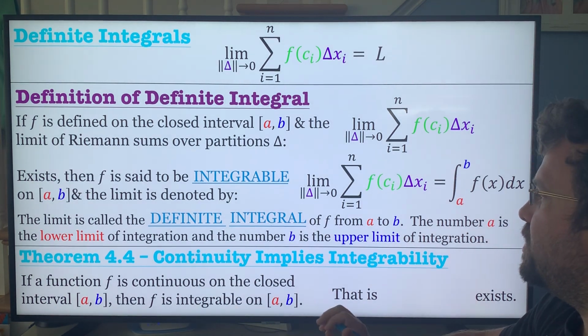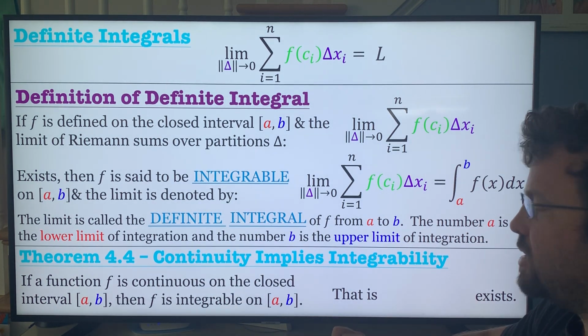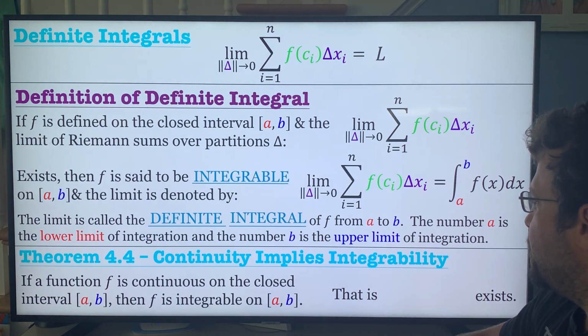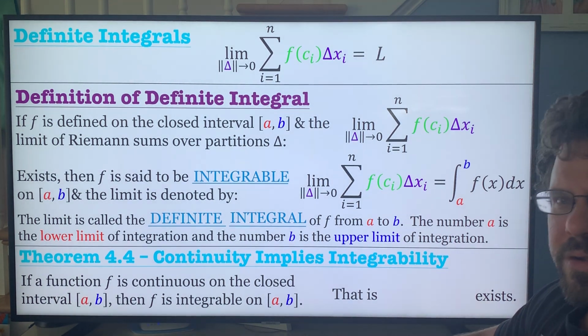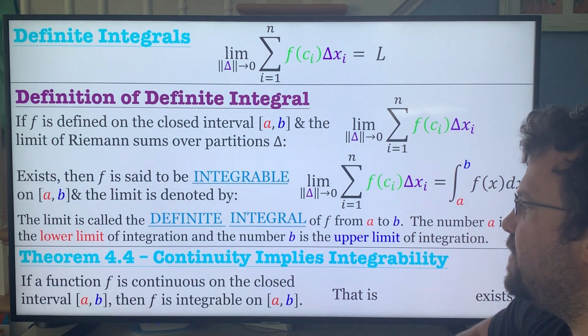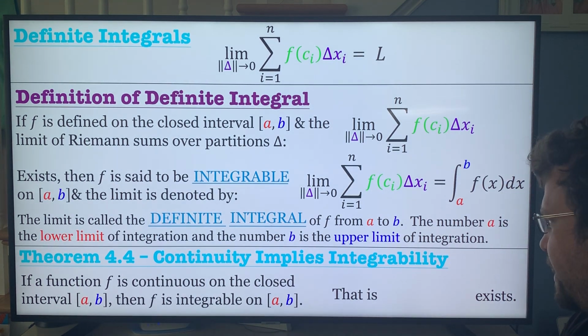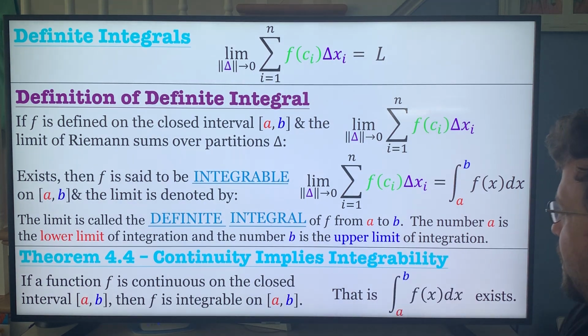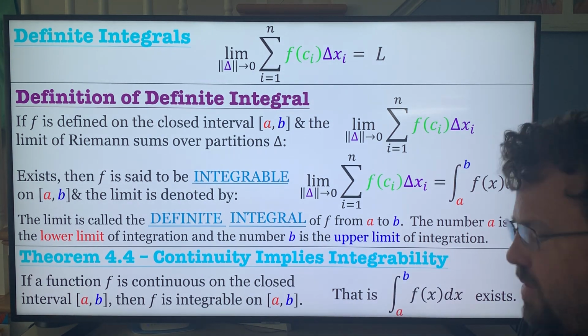All right, so what this means: continuity implies integrability. A lot of weird sounding words today. So if the function f is continuous on the closed interval a, b, then f is integrable on a, b. That is, very simply, the limit exists. The integral exists.